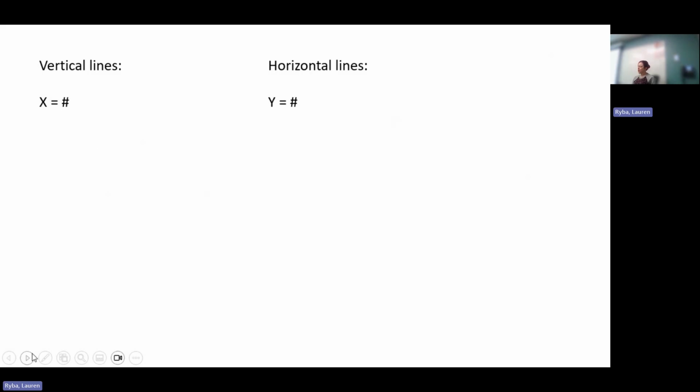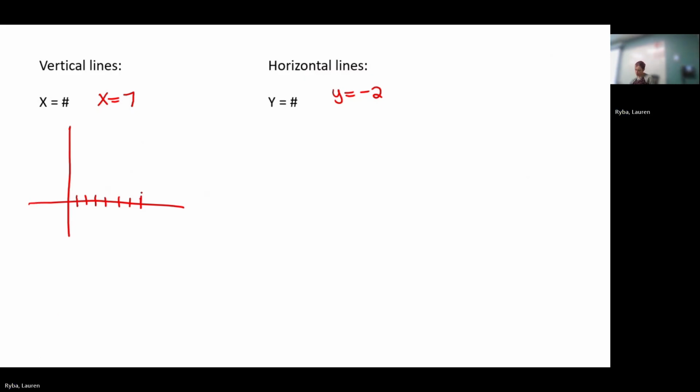We can also have vertical lines and horizontal lines. So vertical lines will always be in the form x equals a number, like x equals 7. Horizontal lines will be in the form y equals a number. So let's say y equals negative 2. Okay, so if I have a vertical line, you're just going to find the x value, 4, 5, 6, 7, that it goes through, and draw yourself your vertical line.